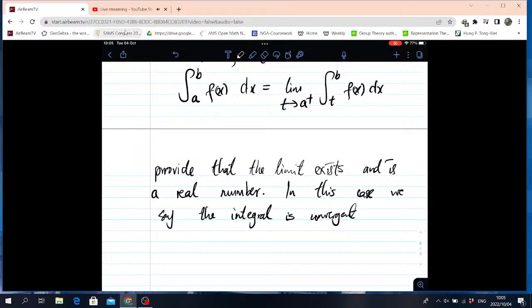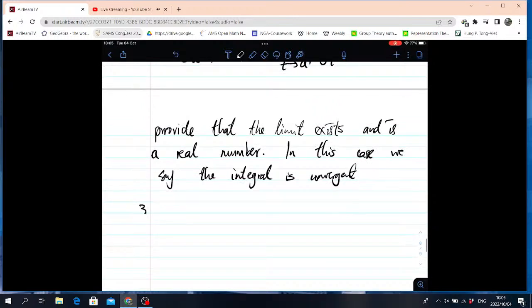Then we've got a third scenario in these type 2 ones.